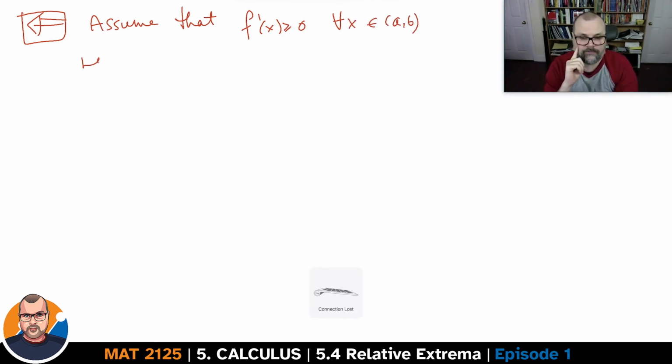For the other direction, you assume f prime is non-negative for every value of x in the open interval. Pick two values, x1 and x2, x1 being smaller than x2, both of them in the interval [a,b].